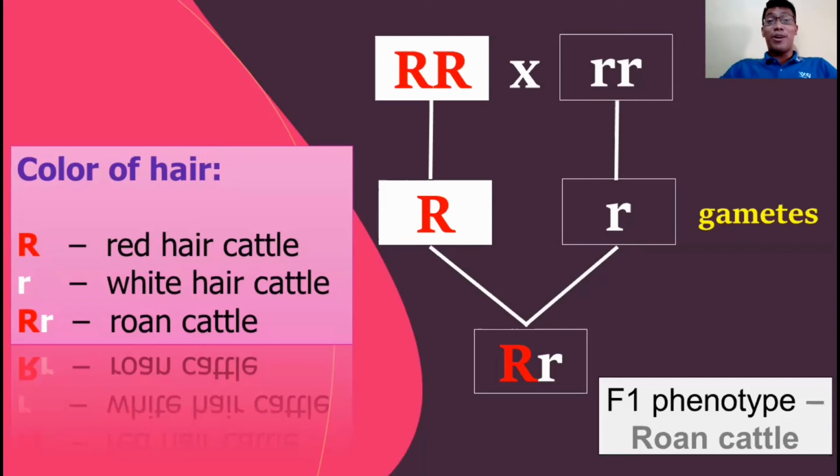And always remember that based on this analysis, every time the red hair cattle and white hair cattle produce offspring, they will always produce roan cattle, 100%.